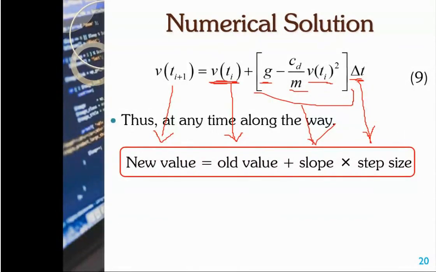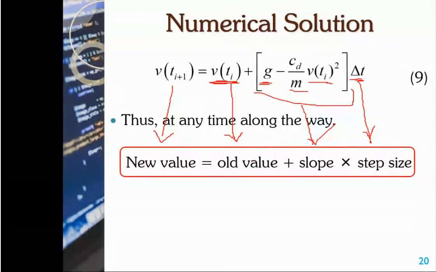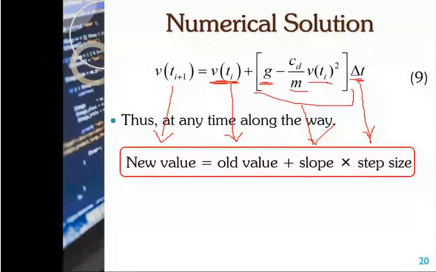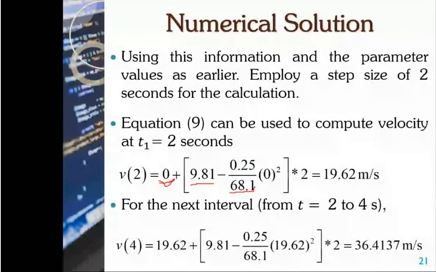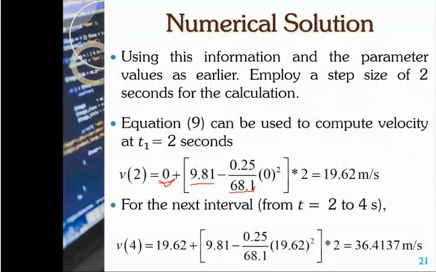So this old velocity will be deduced from when this jumper was stationary, when he had not jumped yet. And at that time, the velocity was equal to 0, plus what we have here to be the g, which is the gravity, which we know to be 9.81, minus the drag coefficient of 0.25, all over the mass of 68.1, which we have in here, times velocity, which is a past velocity, which we have to be 0, okay? Because remember that when this jumper was stationary, the velocity was 0, okay?